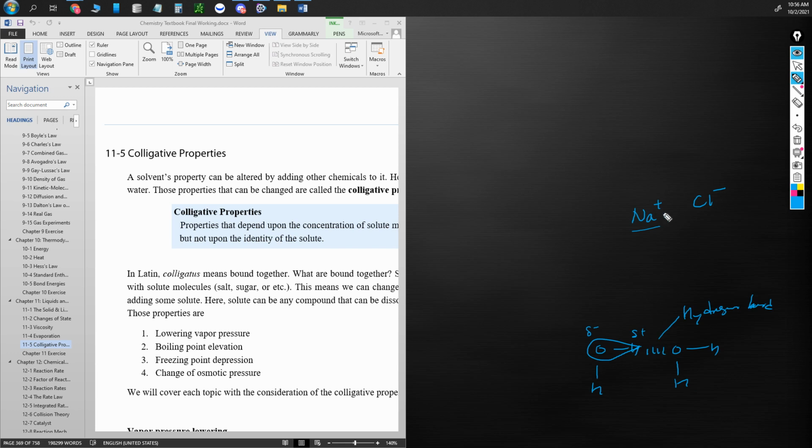So when salt is being dissolved in water, the oxygen side, which is the negative side, stabilizes the positive side. So a whole bunch of water surrounds that positive. So this is the oxygen side.